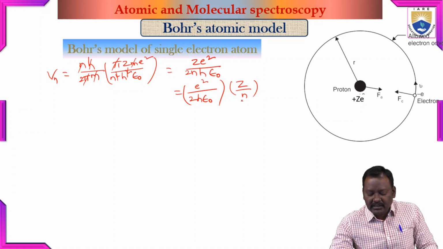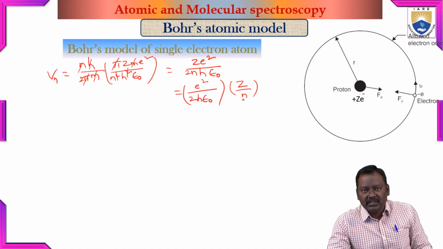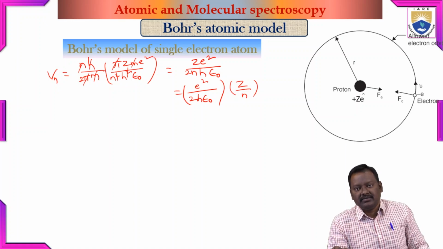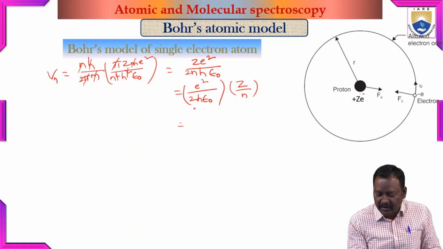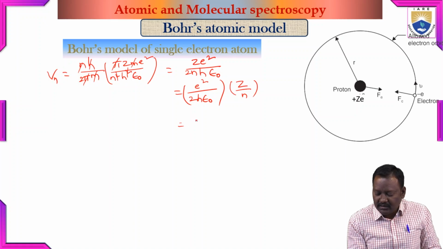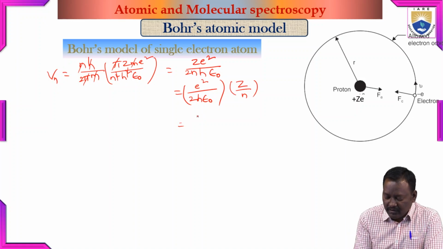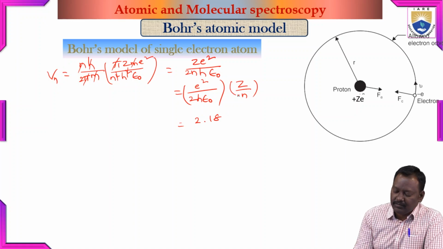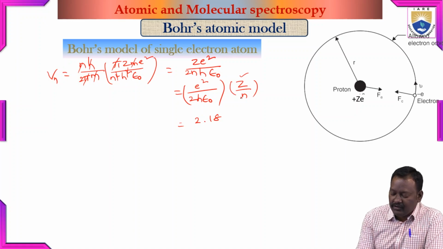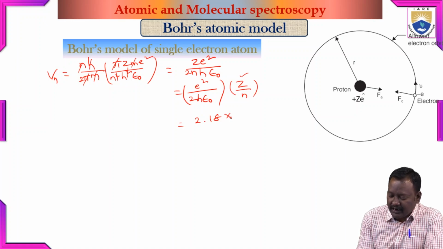So as the orbit value increases 1, 2, 3, etc., the velocity of electron decreases. After substituting all these constant values, for hydrogen, particularly for Z equal to 1 and for the first orbit, we get around 2.18 into 10 power 6 meter per second.